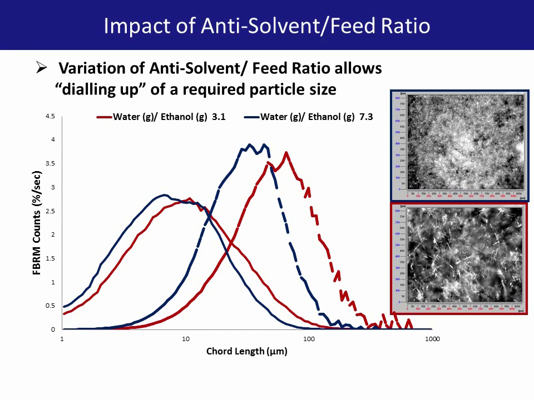The graph shows the normalized, unweighted and square-weighted FBRM chord length distributions for runs with a fixed feed concentration but with the relative anti-solvent to solvent, or in this case water to ethanol ratios, increased from a value of 3.1 to 7.3.